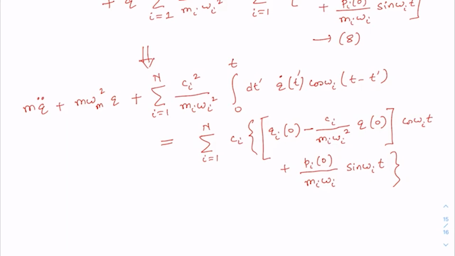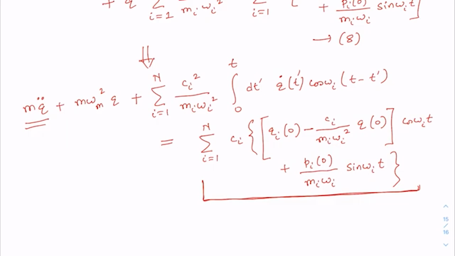Now the right hand side of this equation is important. This right hand side is due to the bath variables primarily, and has the dimension of force, because mq double dot is force, and this term on the right hand side has dimension of force, and it is associated with the bath variables.